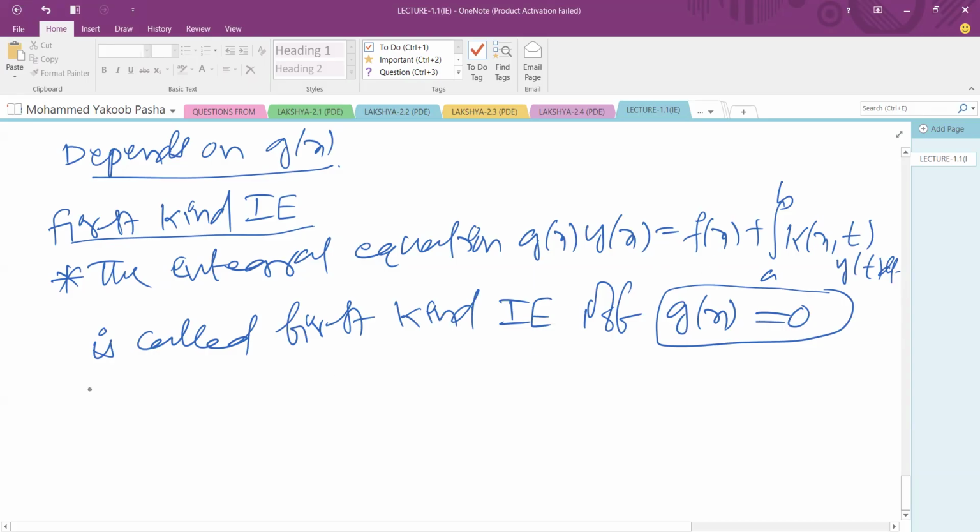That means in the integral equation, the left side will be 0.